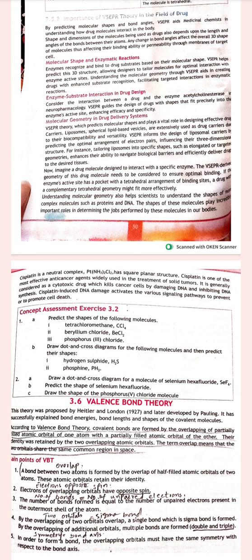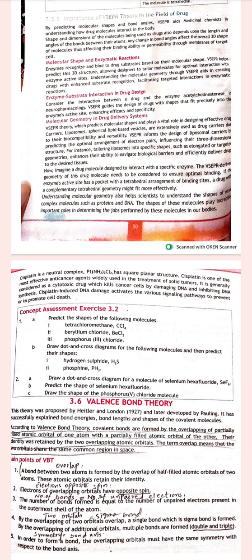Molecular shape and enzymatic reactions. Enzymes recognize and bind to drug substances based on their molecular shape. VSEPR helps to predict this 3D structure, allowing designers to tailor molecules for optimal interaction with the enzyme's active sites.